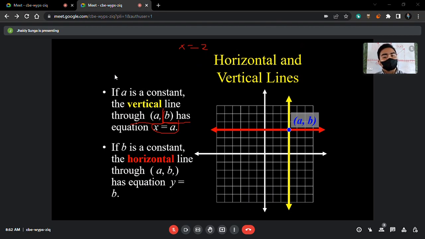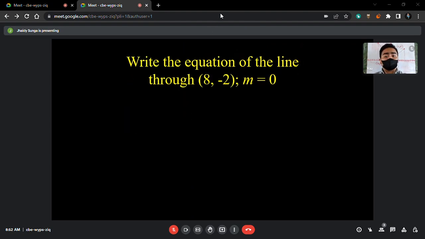Okay? Alright. So, we are to write the equation of the line through 8 and -2 when the slope is 0. How are we going to do that? Always remember, if there are two things we could consider: if the slope is 0 and if the slope is undefined.